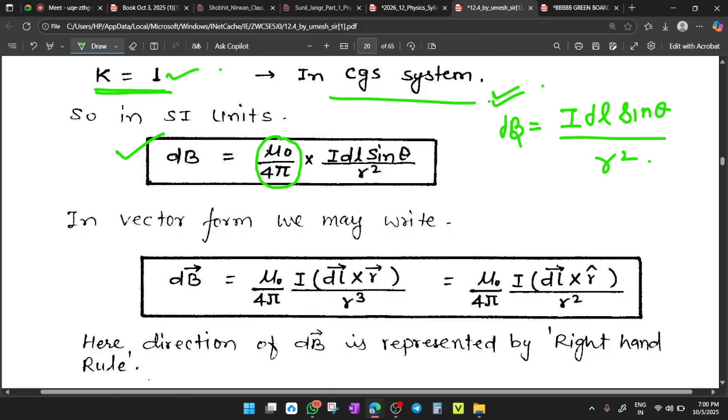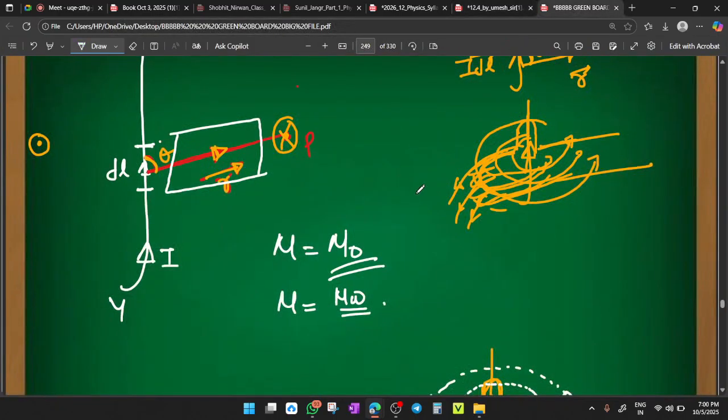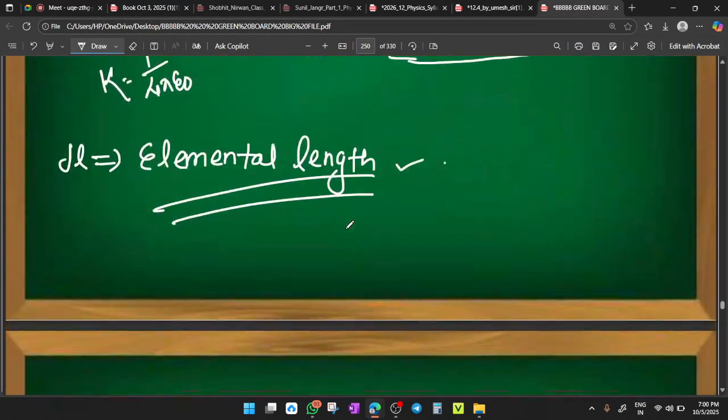Now, in vector form, this is also very important, because the magnetic field is a vector quantity. So you have to write the value of magnetic field in vector form. How can you write this?